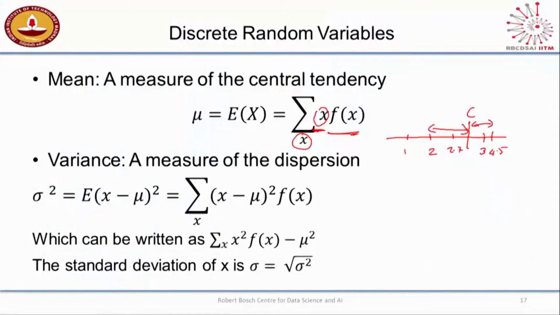The next one that we would be interested in is the dispersion. So what is the dispersion that you see? And when it comes to dispersion, we define this thing called variance, right? And variance is nothing but each possible outcome that can occur, minus the mean. This mu is what we figured out here.